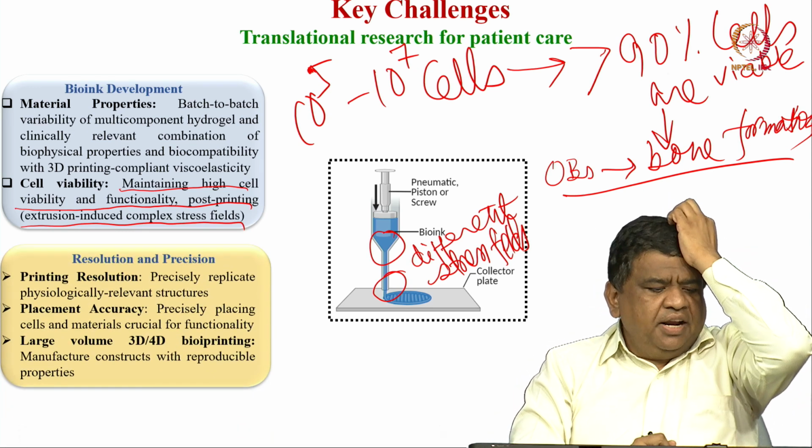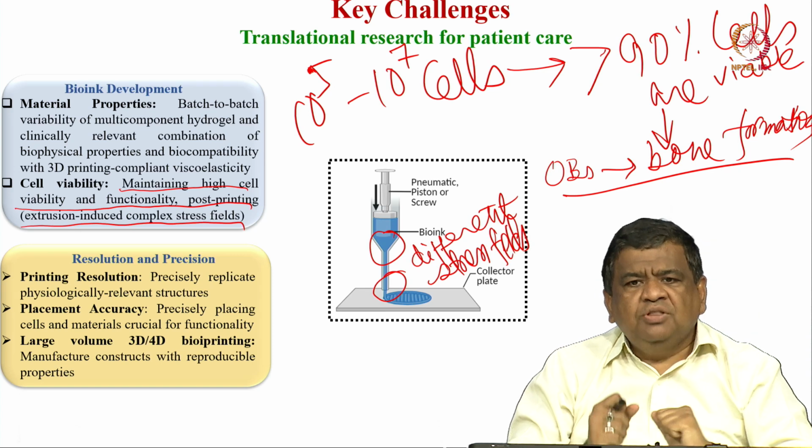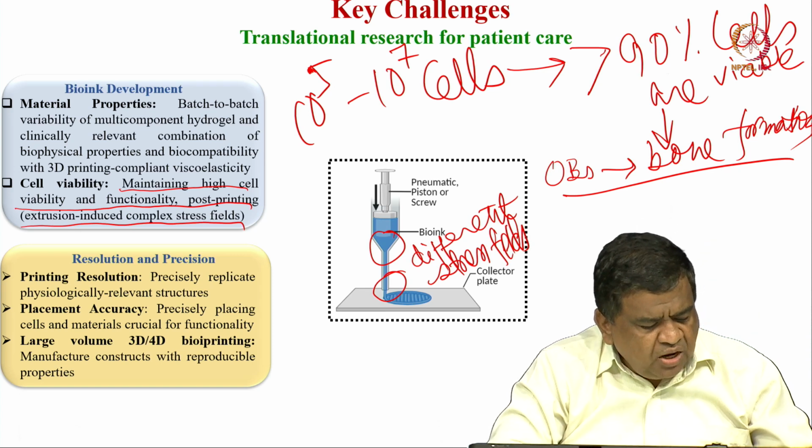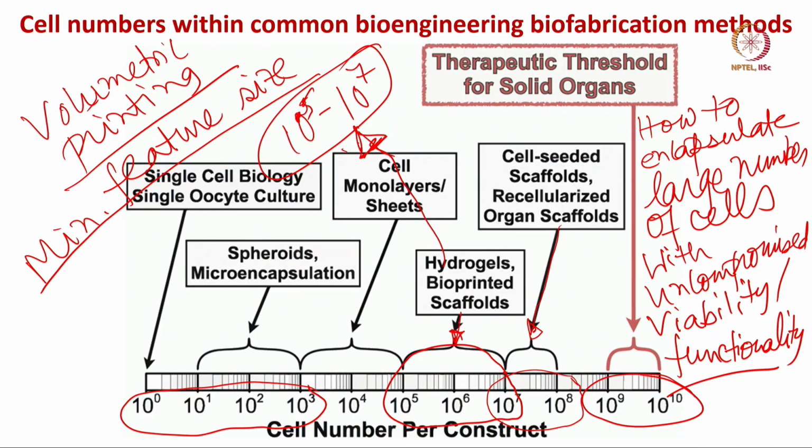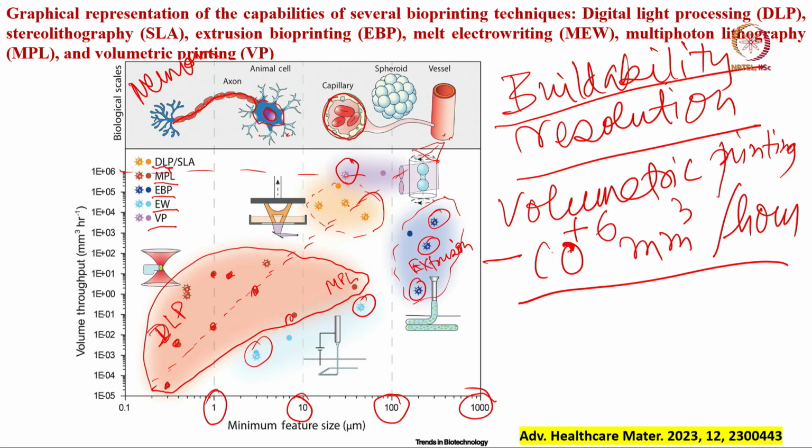Then comes resolution and precision. If I go back to one of the earlier slides, this resolution and precision depends on the minimum feature size: 1 to 10 micron, 100 micron, 1000 micron.